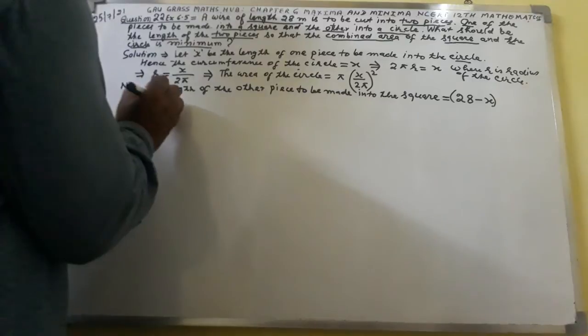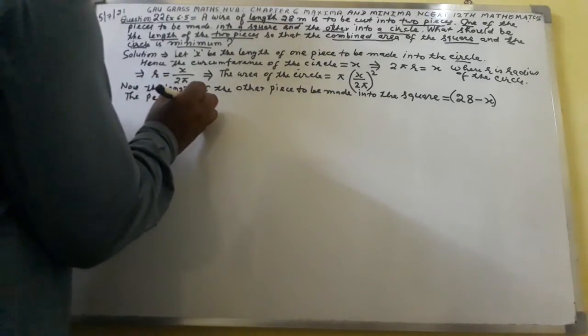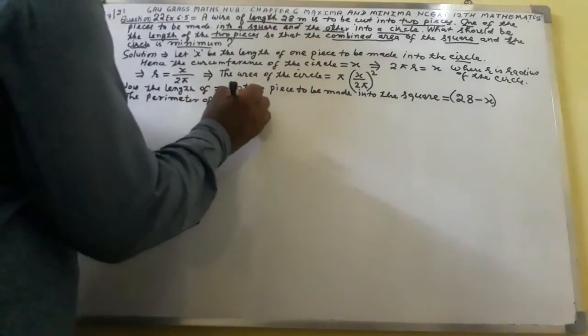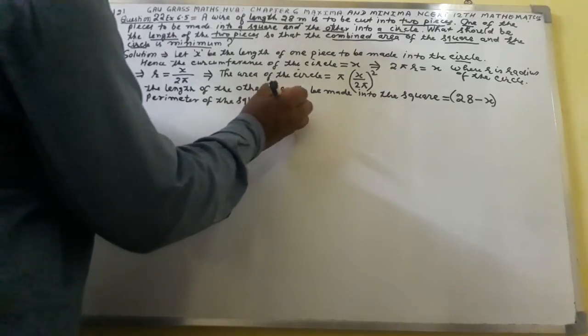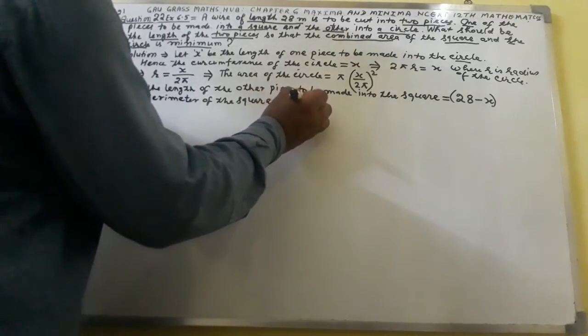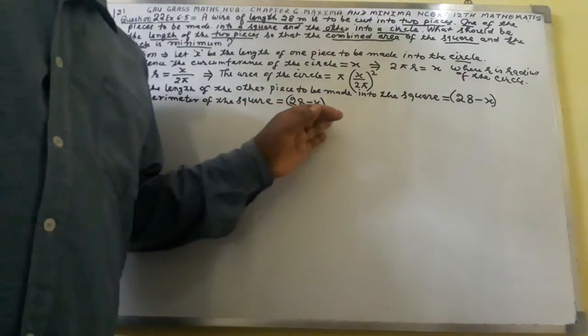The perimeter of the square is equal to 28 minus x.